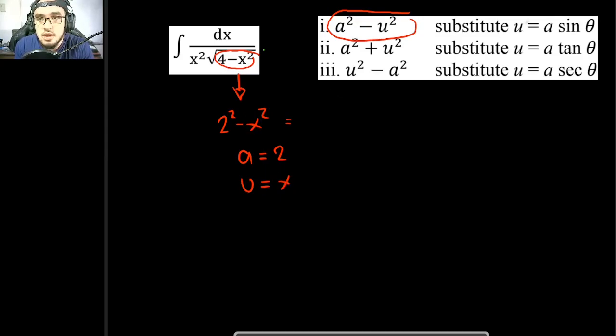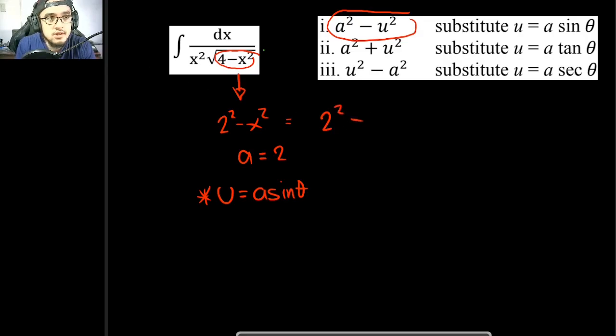So substituting u is equal to a sine theta. So from that, our u now should be equal to a sine theta. So this is to be its new equation. This is to be 2 squared minus (a sine theta) squared, where our a is equal to 2.